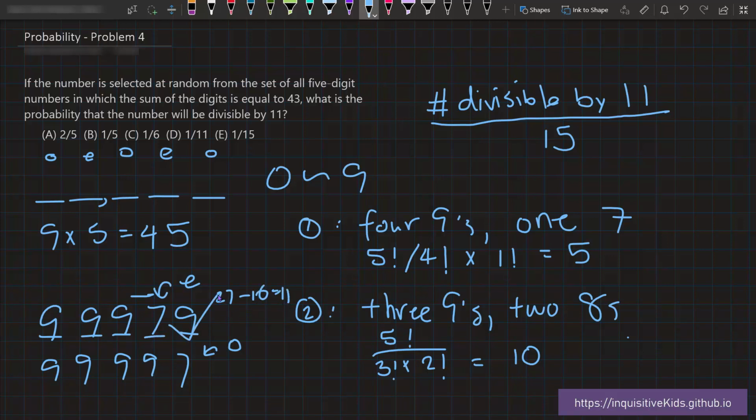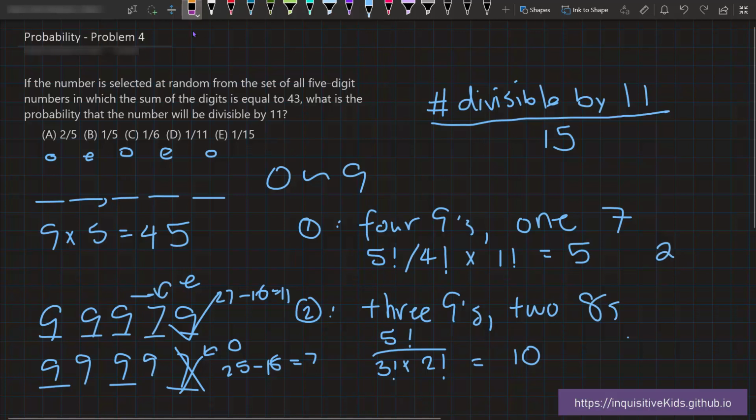So this works. And if we have 9 plus 9 plus 7, which is equal to 25, and we have 25 minus 18, we see that this does not work. So 7 has to be on an even place. And there are two even places. 7 can be on this even place or this even place. So there are actually two ways here.